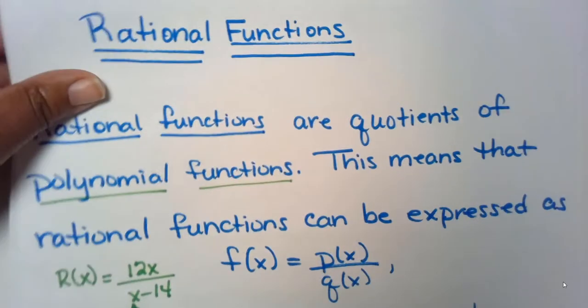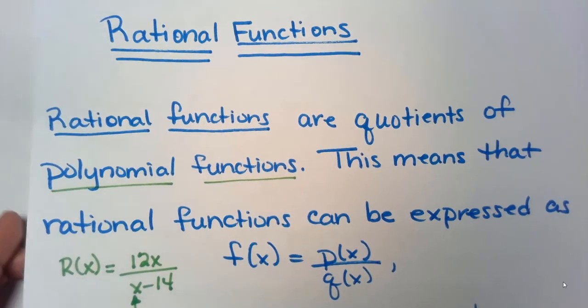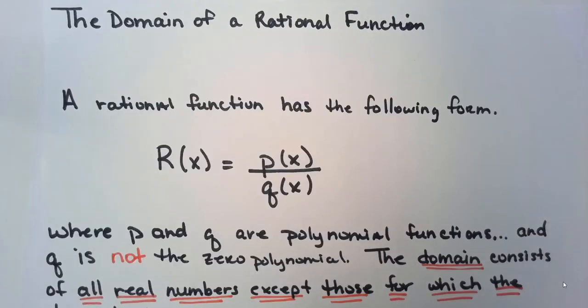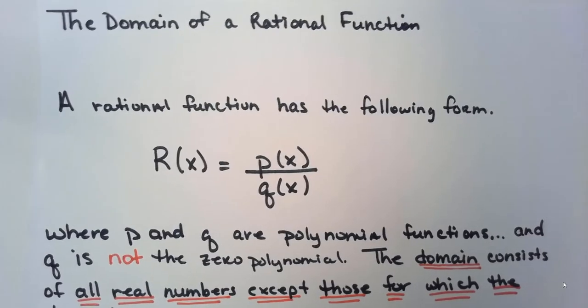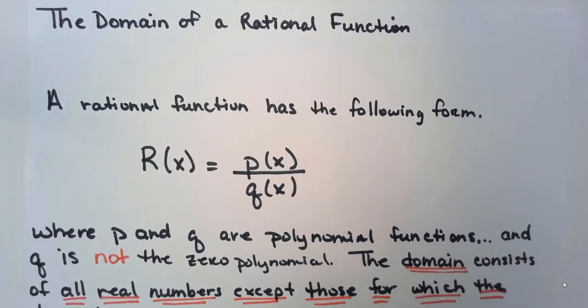All right, so what we're going to look at is how to find the domain of a rational function. And remember, a rational function has the following form: p of x over q of x, where p and q are polynomial functions and q is not the 0 polynomial. So we just said that before.